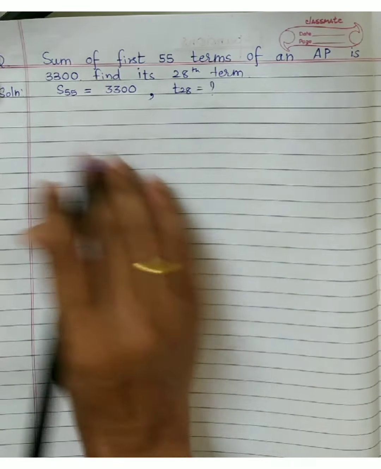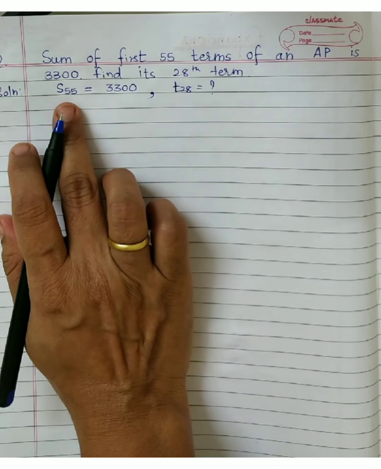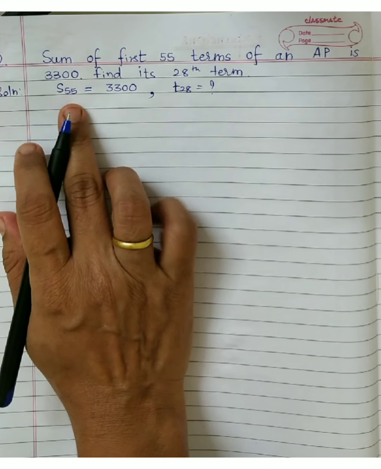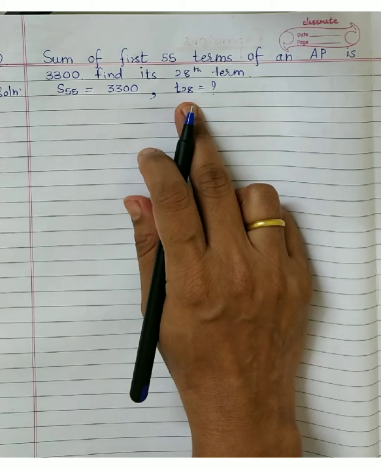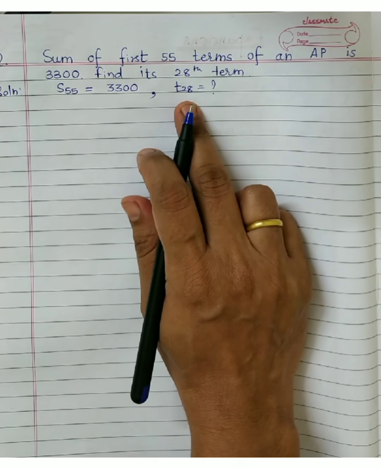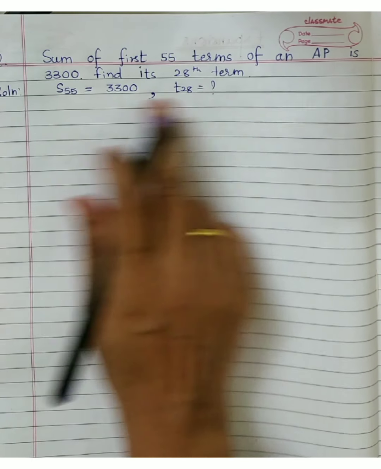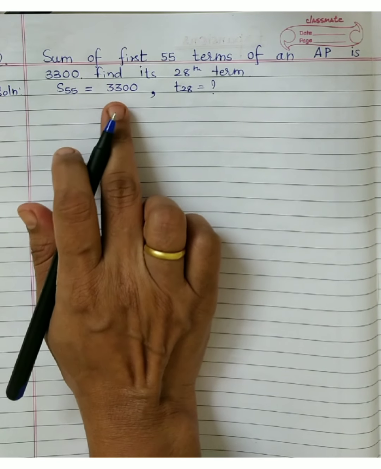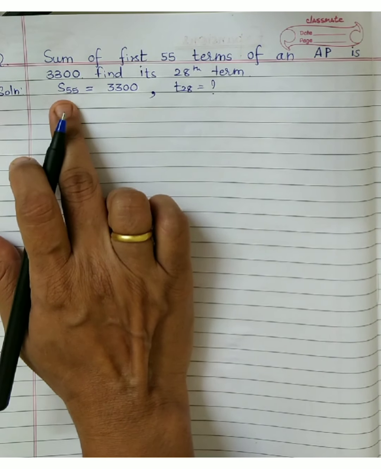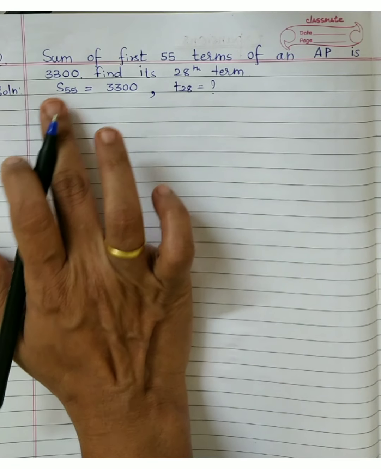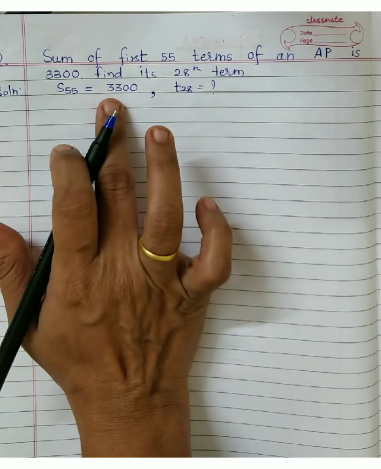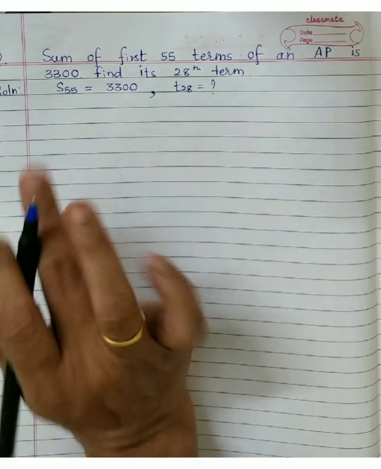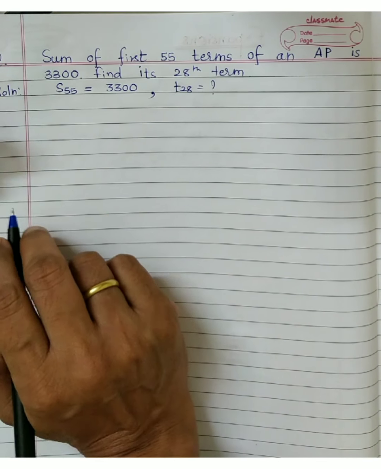Even to express the sum of 55 terms or to find the 20th term, you need to know the first term and the common difference, and given only one equation, you can frame only one. So A and D's values using only one value, that is the 55 terms sum being 3300, cannot be found. So this is also going to be a tricky sum, so be very careful.